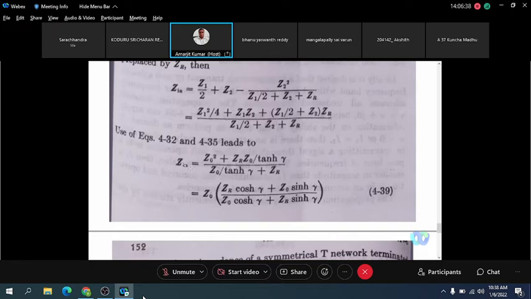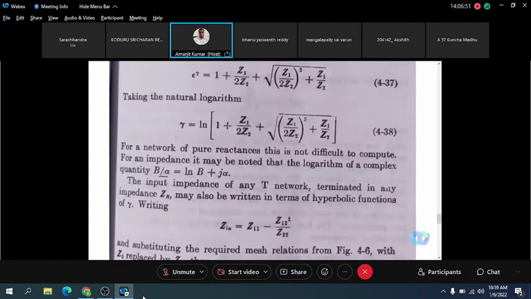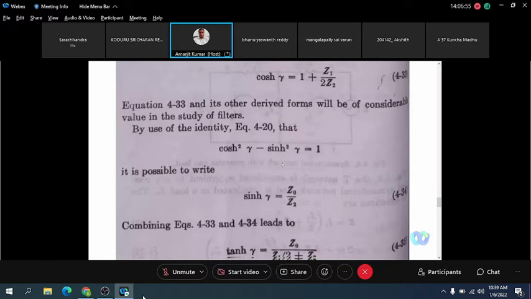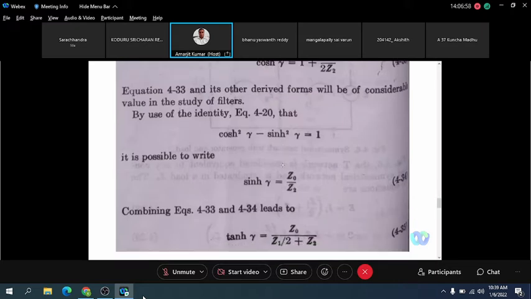So the input impedance for the ZR terminated symmetrical T section network will be equal to Z0 square plus ZR Z0 divided by tanh gamma. Tanh gamma we have done already: tanh gamma is equal to Z0 upon Z1 by 2 plus Z2.